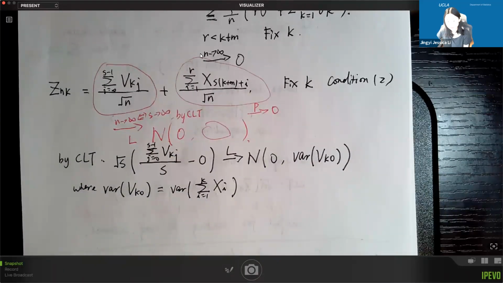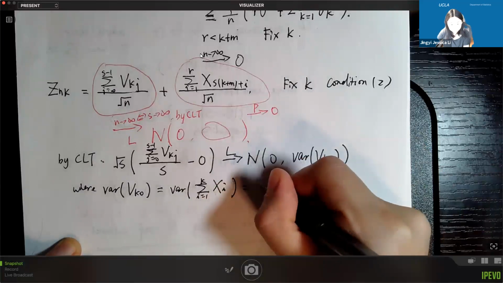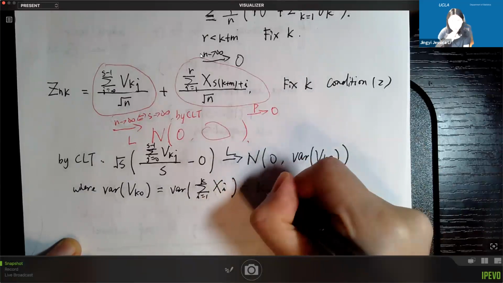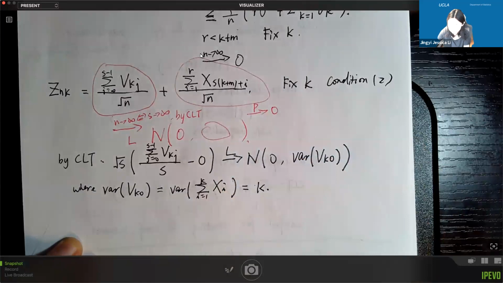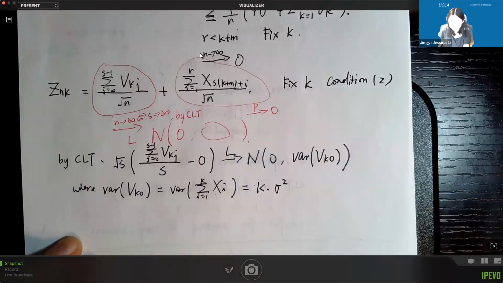And here we can use that formula again for the variance of the summation. So we have it as equal to k times sigma squared, k of them.